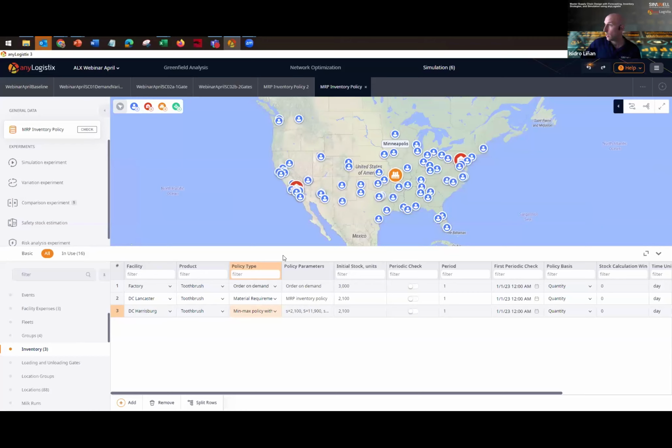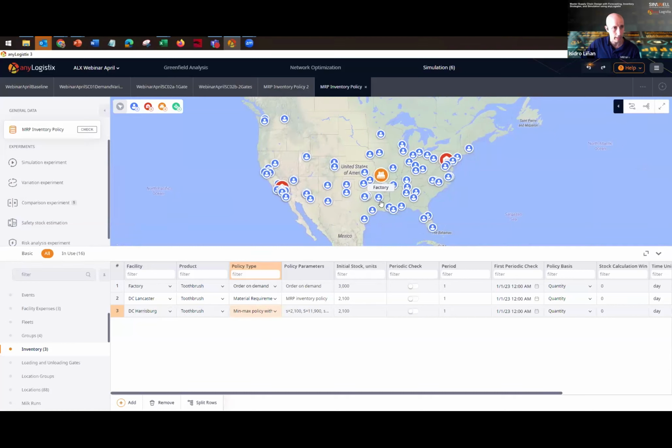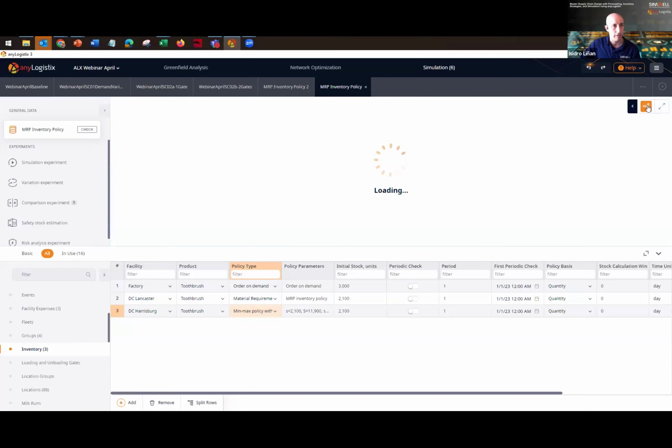Okay, so to do this quick example, we're going to compare two models here. One in which we have one warehouse. You will see that this is a little more complex than the model that we showed before, with more customers, but a similar structure: one factory serving two DCs and those DCs serving a set of customers.